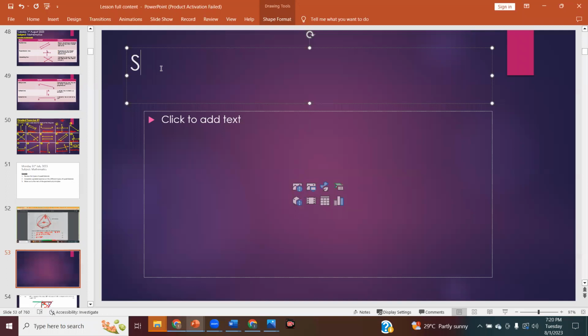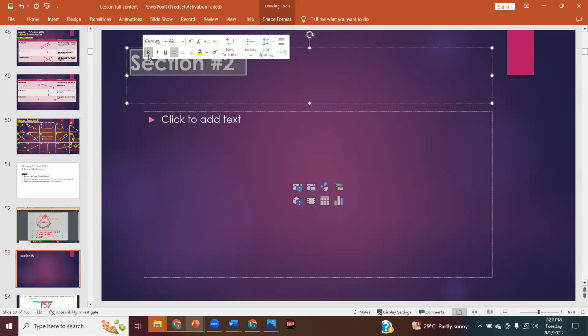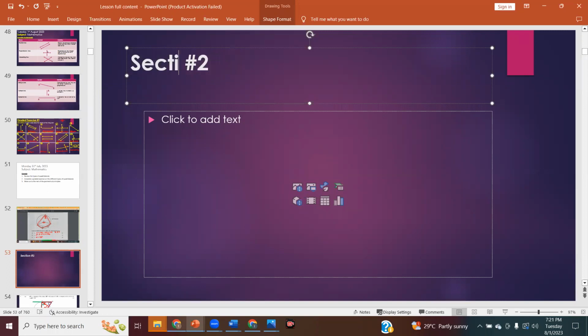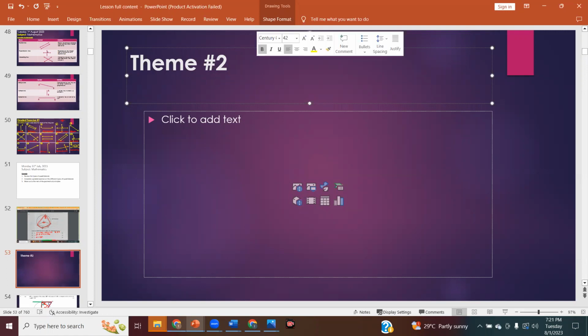So we're going to move on to section 2. Honestly, I shouldn't say section 2, I should say theme 2. I want us to really look at fractions, everything to do with fractions.